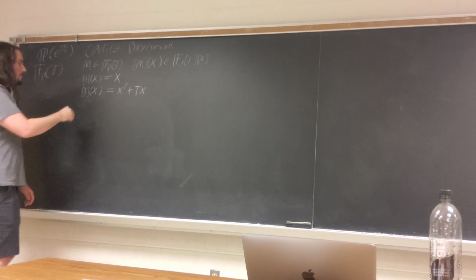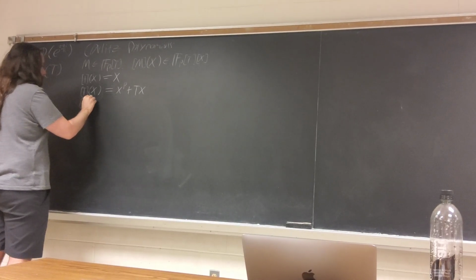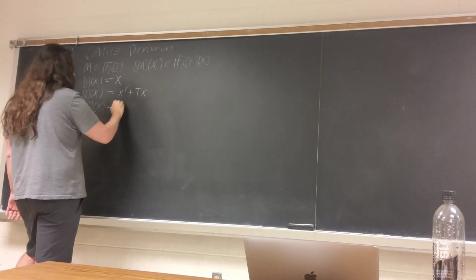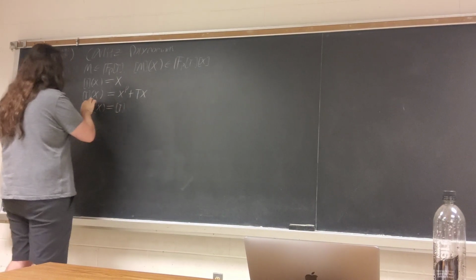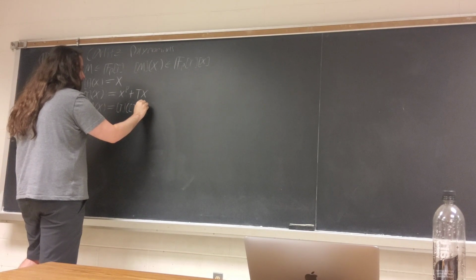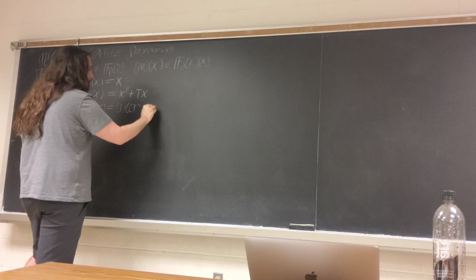And then probably the most important one, this allows us to extend it, is if we have [t^n], we're going to say that this is [t] but evaluated at [t^(n-1)](x).